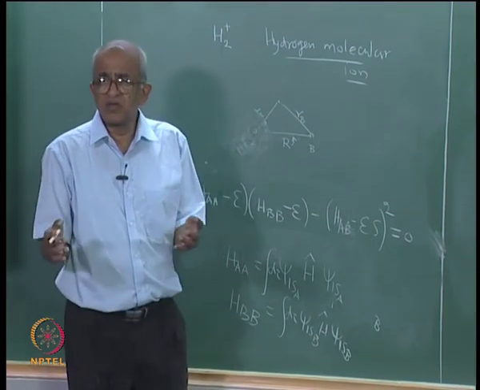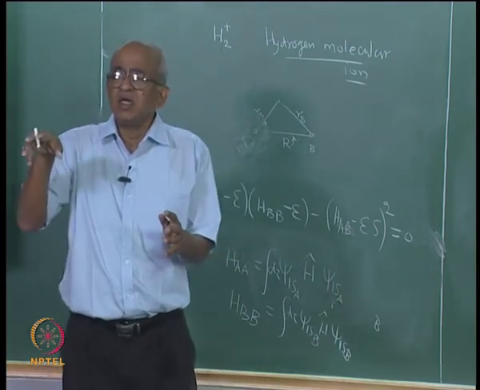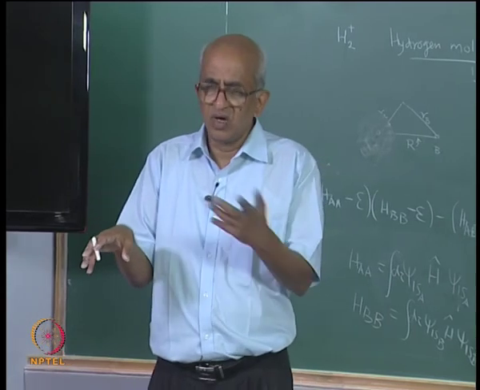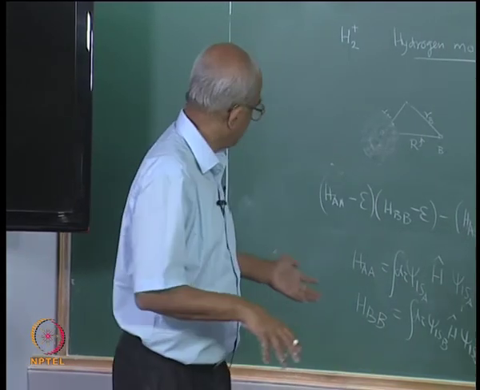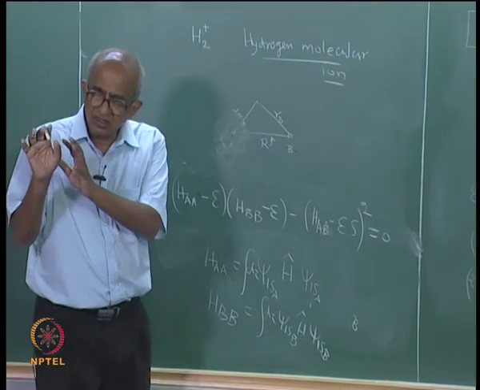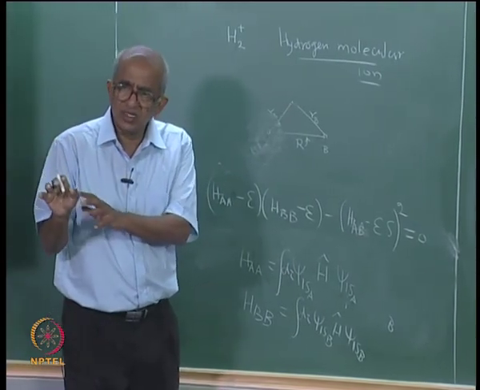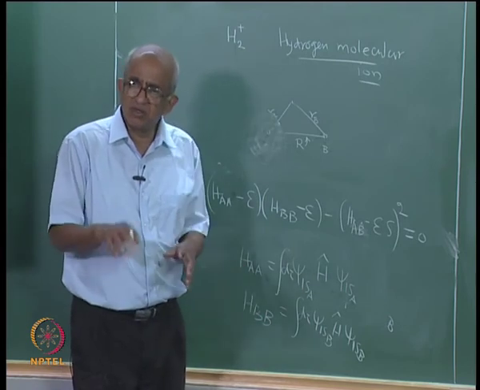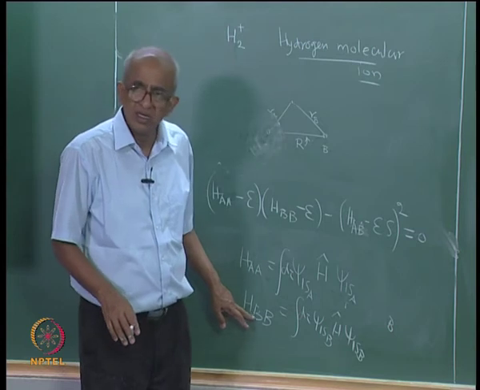You think of the molecular ion and say, the electron somehow has the wave function psi 1sa, then an estimate of its energy would be HAA. Or, instead of psi 1sa, it is sitting in psi 1sb, then the estimate of its energy would be HBB.